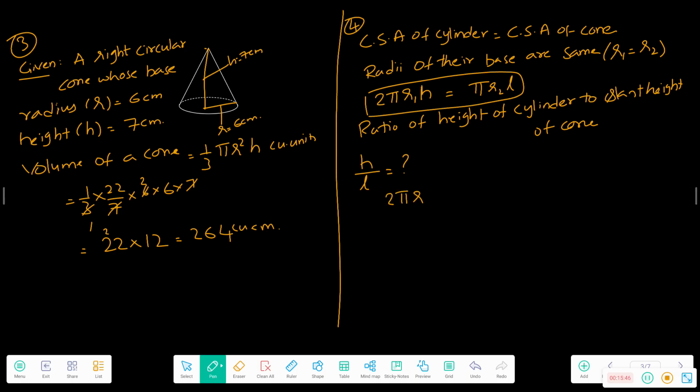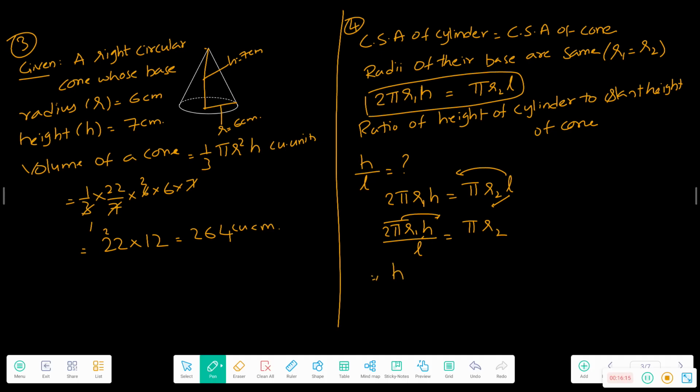So here 2 pi r1 h is equal to pi r2 L. We need L here, so transpose this L to the other side. So 2 pi r1 h by L is equal to pi r2. Now transpose all this to the other side.